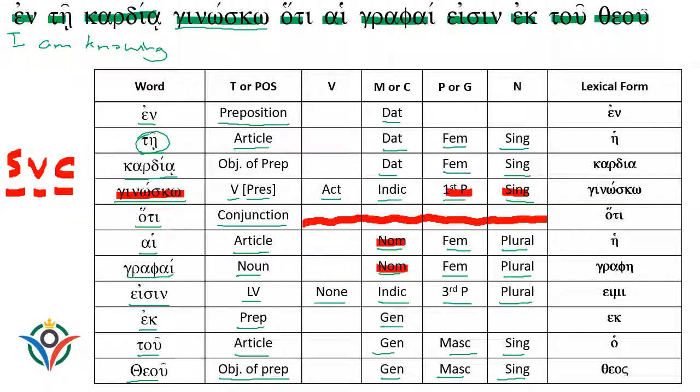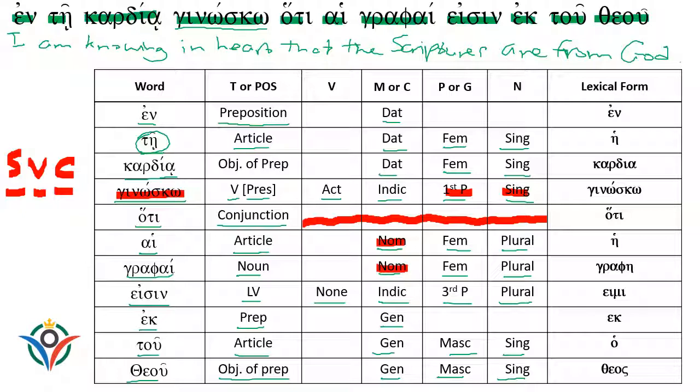I am knowing in heart, or in the heart, that graphai, which is our new subject, that the scriptures, all right, so it's plural, scriptures, eisin, are, all right, ek tou theou, are from God. All right, so I am knowing in heart that the scriptures are from God.